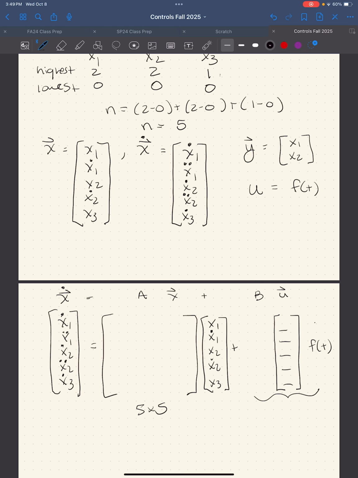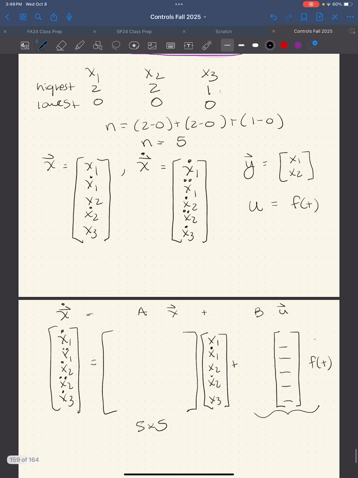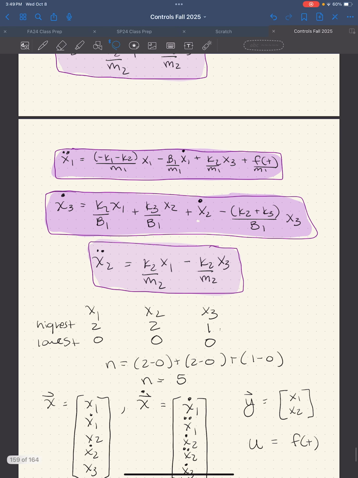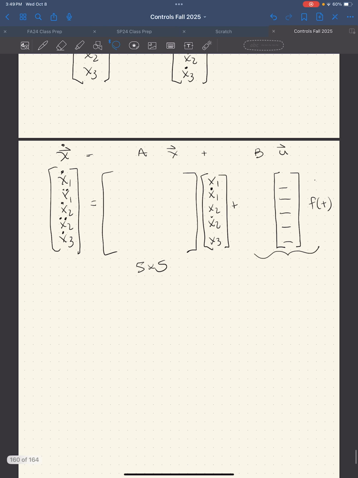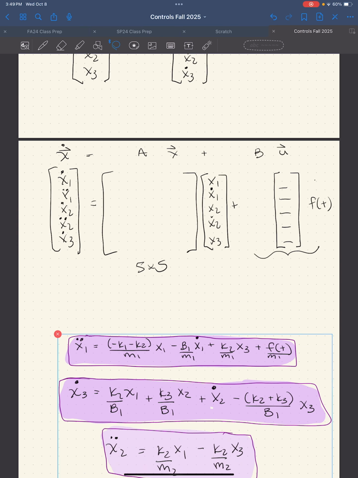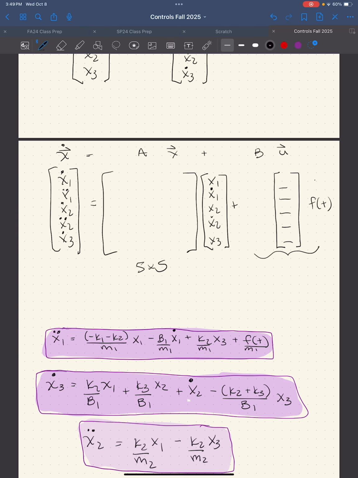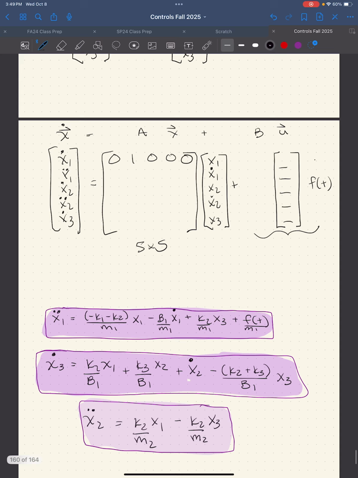All right, now let's go back to our equations. Let's grab them again. All right, x1 dot is just a state, so it's 0, 1, 0, 0, 0. x1 double dot, we need to look at our equation of motion.